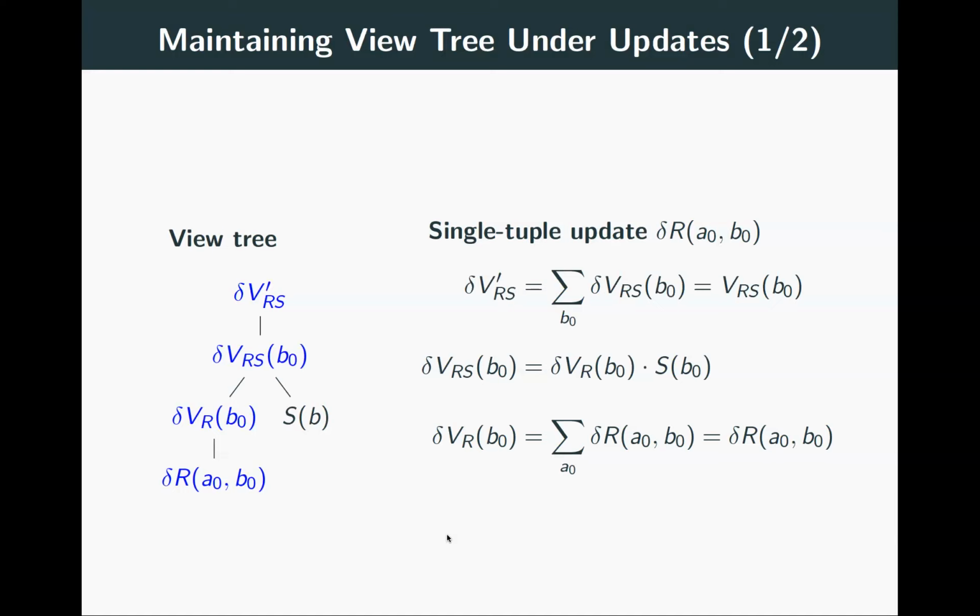So these are the deltas we compute now for the views. We have to pay a price for using the views. We have to maintain the views as well. But what is interesting here is that at least for this specific case, everything we need to do would be just lookups, which if we assume constant time, then overall the time it takes is proportional to the size of this view tree, but that is independent of the size of the database. That's actually the neat trick, at least for the update to R.